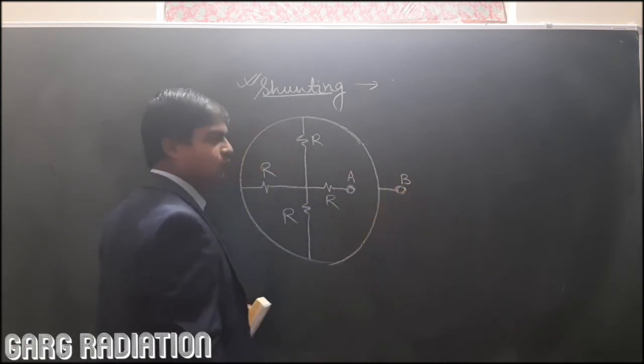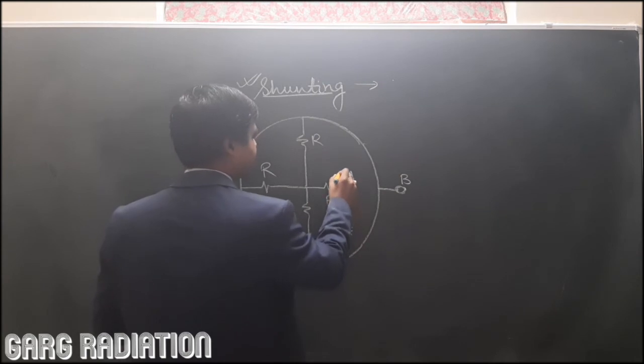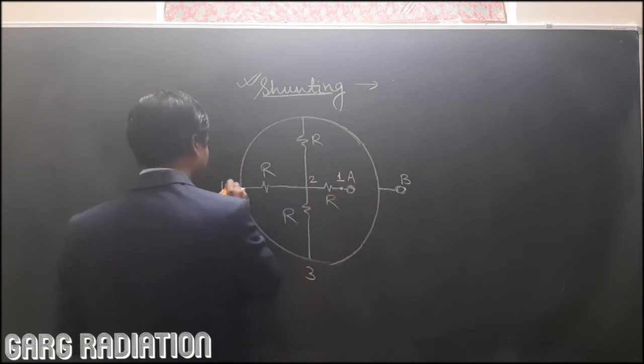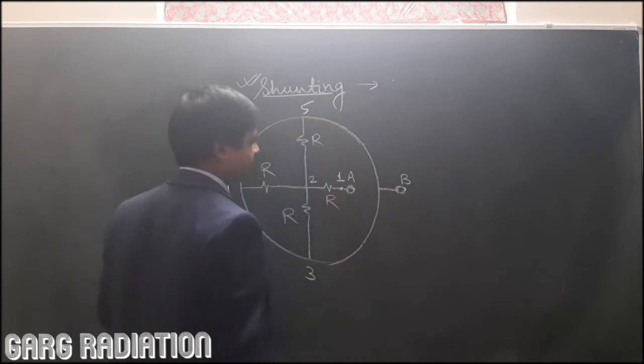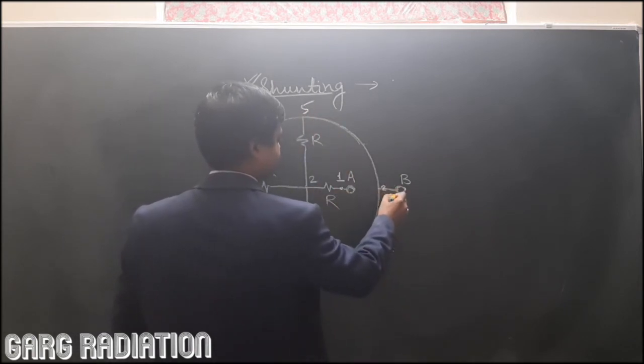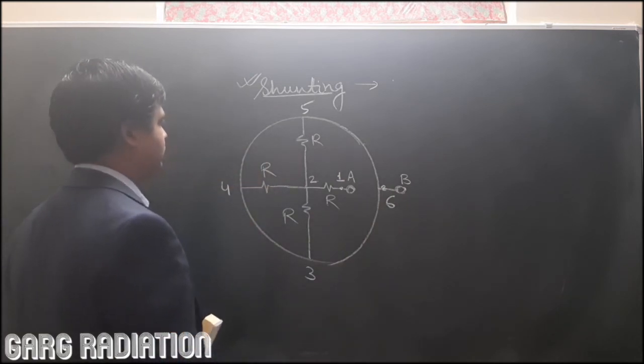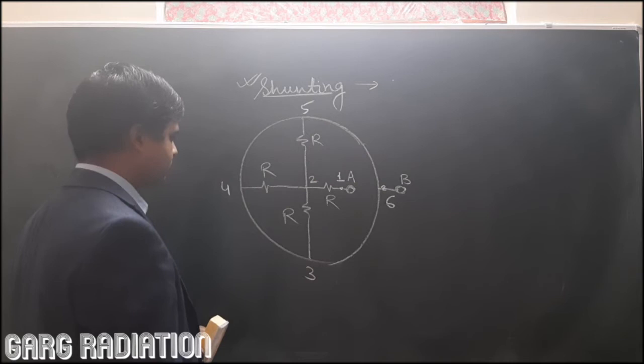These 2 points are assumed to be A and B. A is connected with point 1. This is point 2. This is point 3, this is point 4, this is point 5, and this is point 6. Okay. So what to do now?